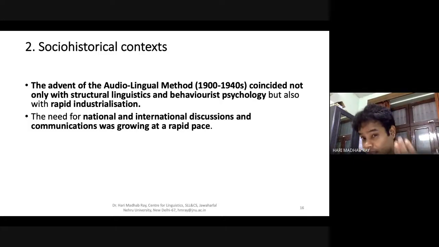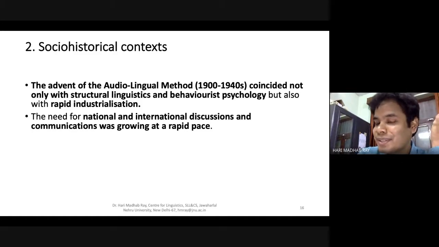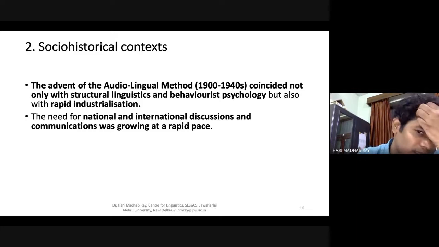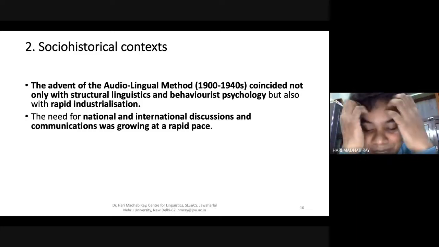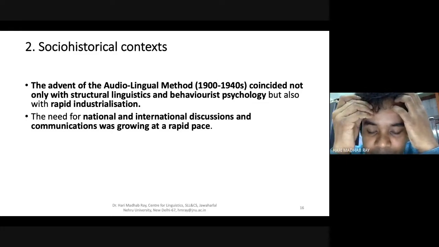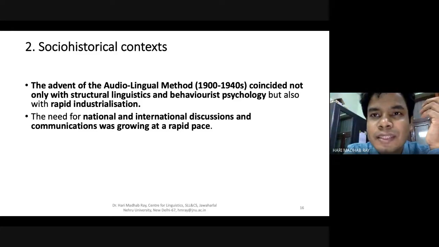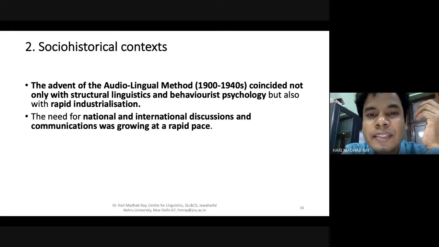And this is the time the tape recorder and other things also came into the picture. Earlier you did not have tape recorders, and the tape recorder came into the picture. One of the drawbacks people pointed out earlier, especially if you're following the grammar and direct methods, was that you do not have native-like teachers.